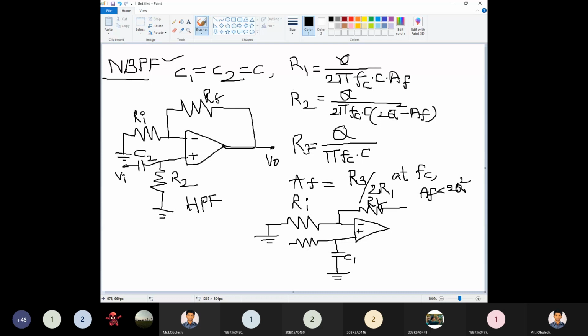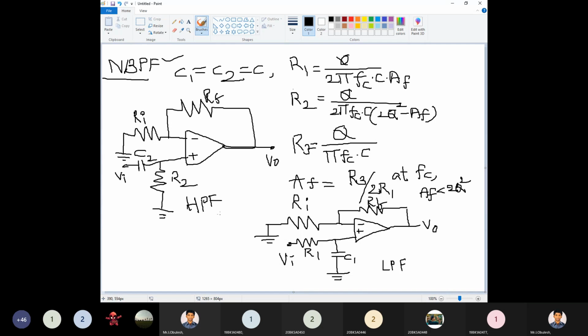C1, R1, here will be the input. Assume that you need to apply Ei here. So this is the low pass filter.